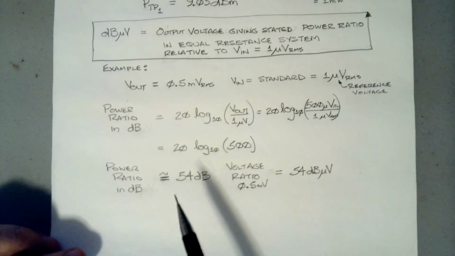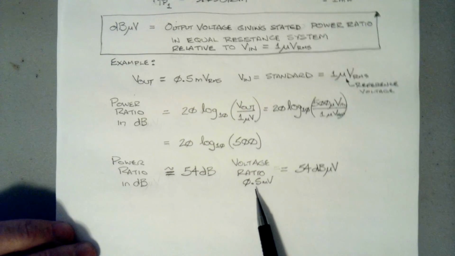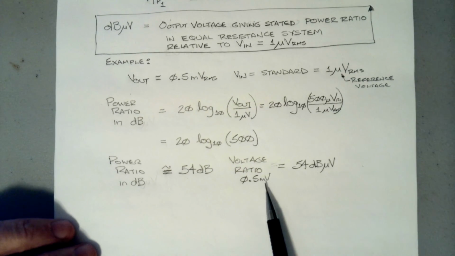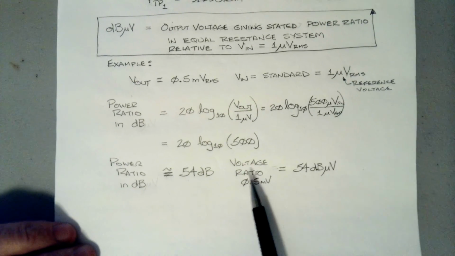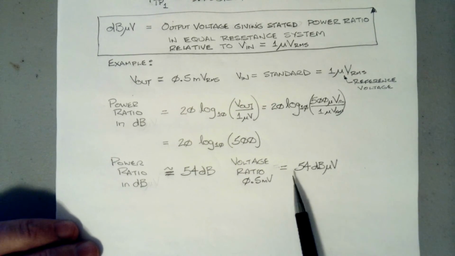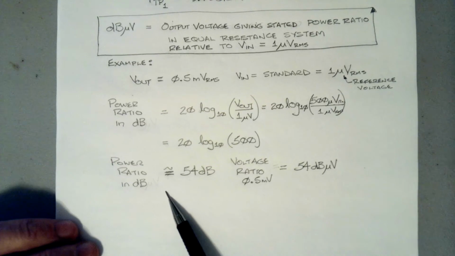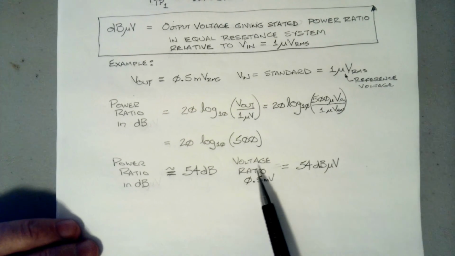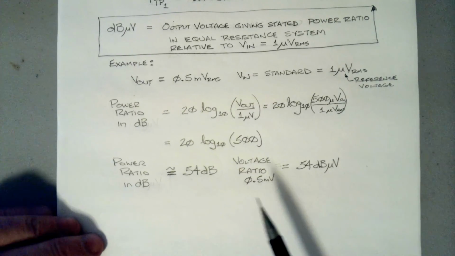But basically, if you've got half a millivolt in your system, then that is a voltage that would create a power ratio of 54 dB if you put in a microvolt as your input and 0.5 millivolt were your output.